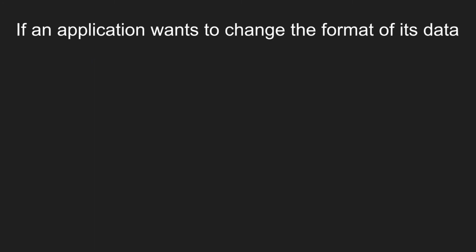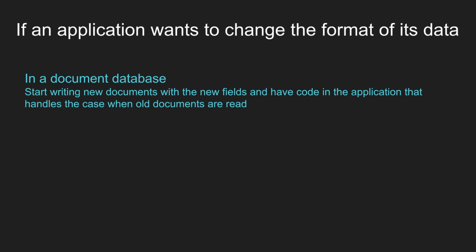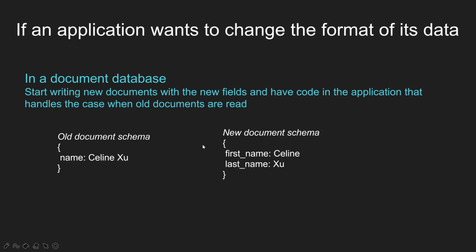If an application wants to change the format of its data, different approaches are used because the schema property is different. In a document database, you would start writing new documents with the new fields and have code in the application that handles the case when old documents are read. The example: in the old document schema, there's a field name, and in the new document schema, we do not use name.